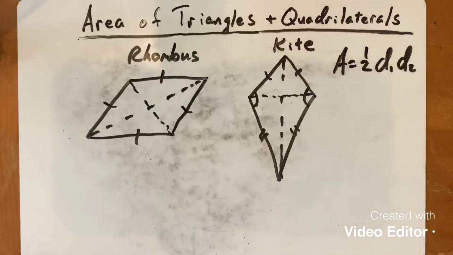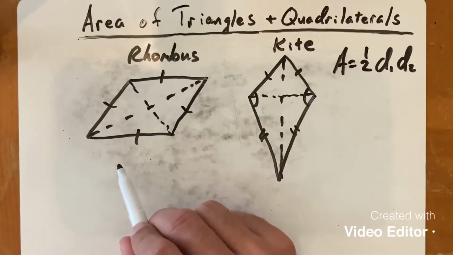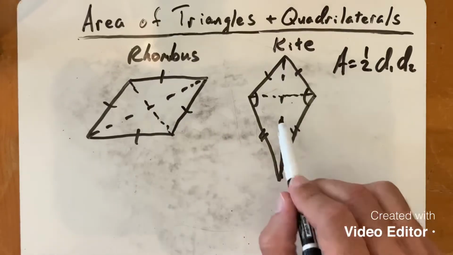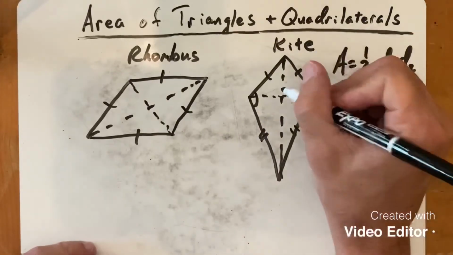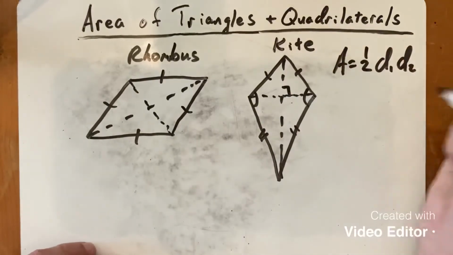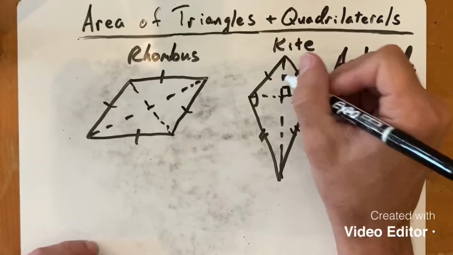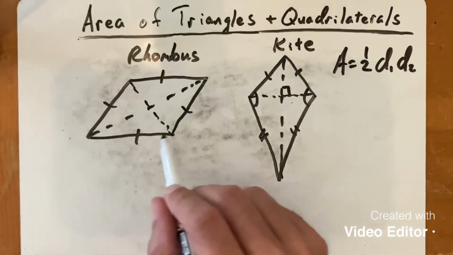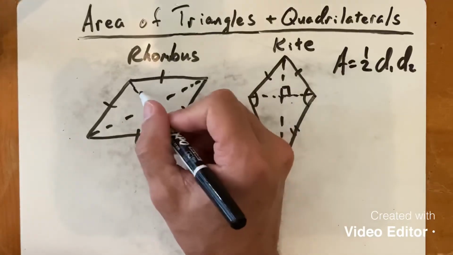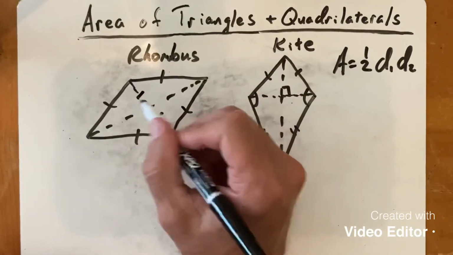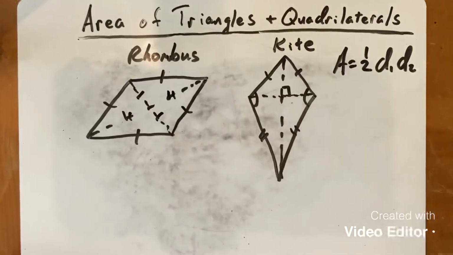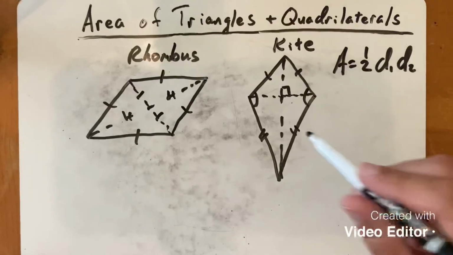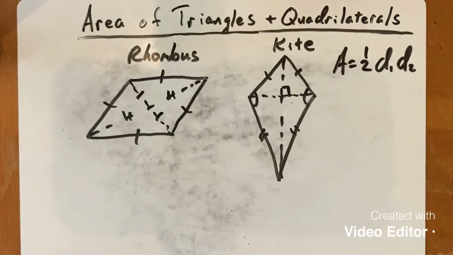A couple of things are going to help you along the way. Make sure that you remember that on a kite, our diagonals are always going to be perpendicular. And on a rhombus, they are always going to bisect each other. So those two will be the same, and those two will be the same. Sometimes that'll help you determine the length of your diagonals based on whatever information they give you.